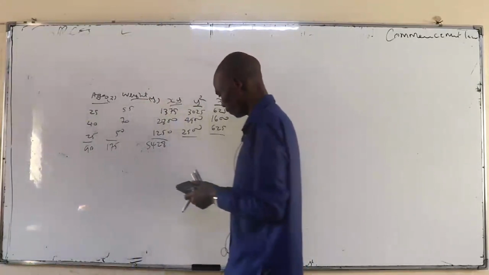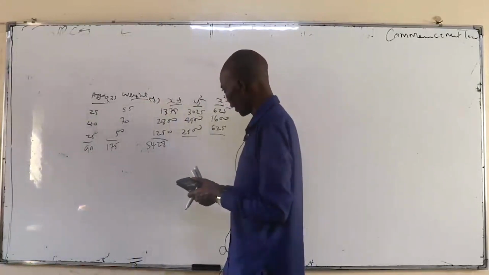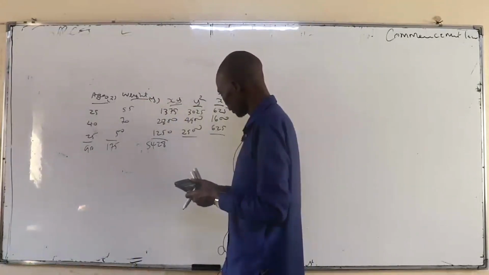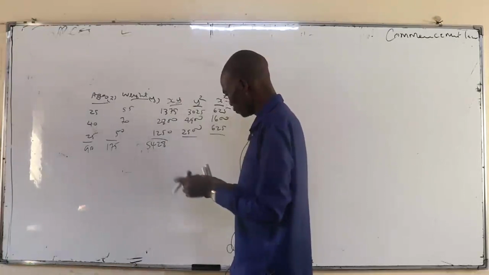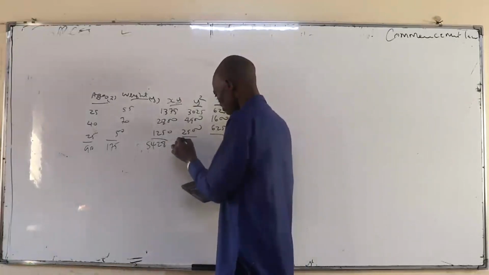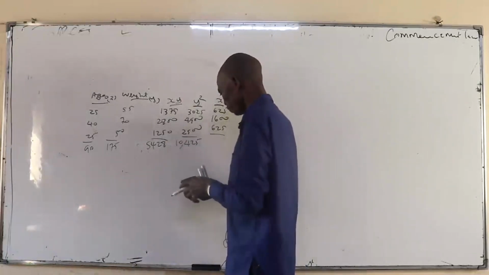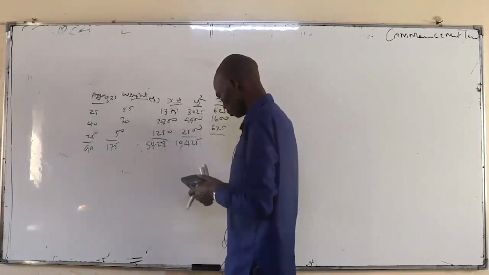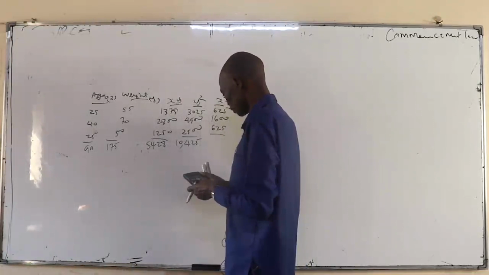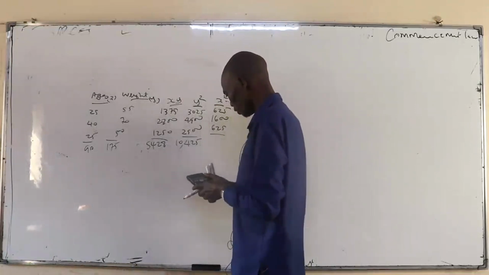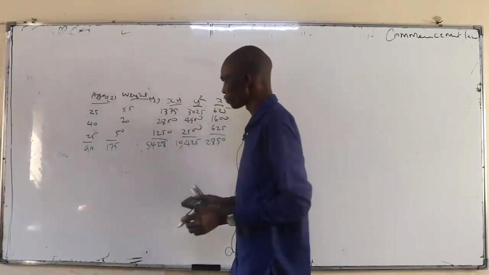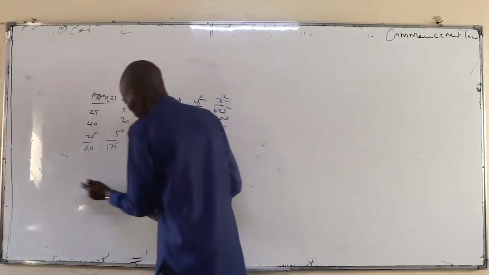Then we have 3025 plus 4900 plus 2500. That gives you 10,425. Then finally we have 625 times 2 plus 1600. So this you get 2850. Once you have those, you just substitute them in the formula.